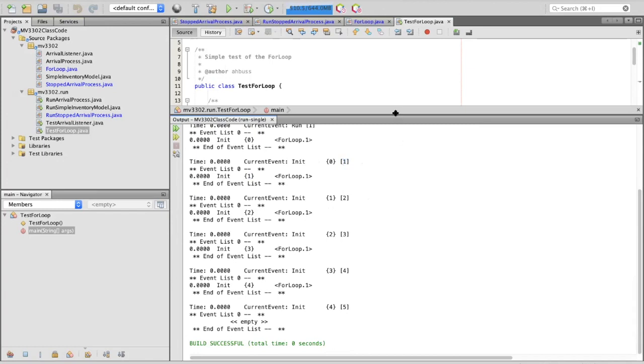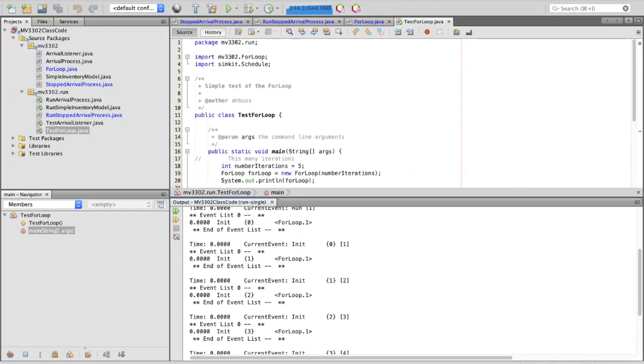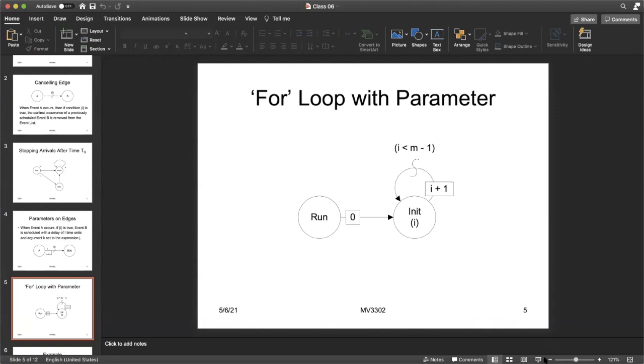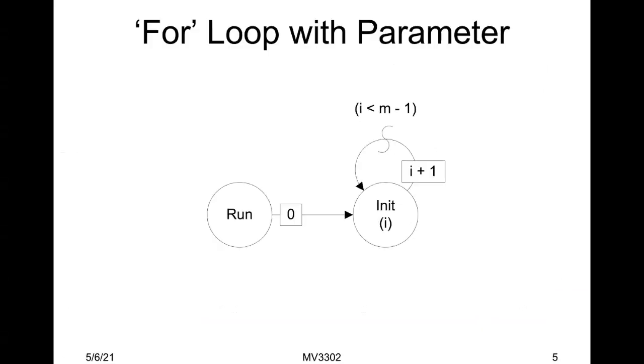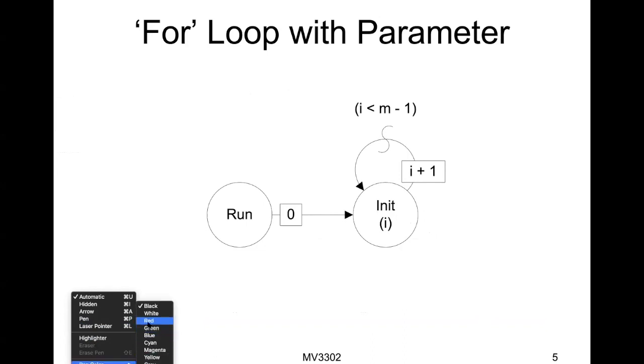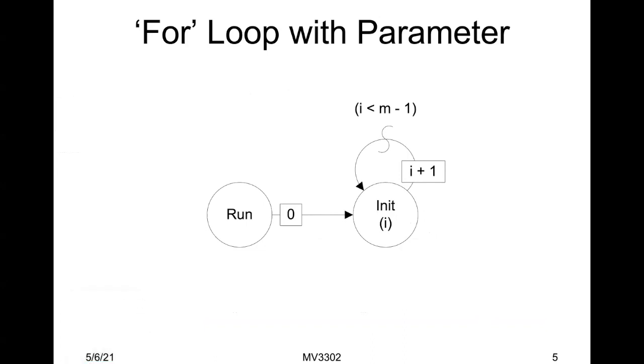So that's what we wanted. Okay, and that's what was implemented. That's this event graph I have right here was what that code implemented.